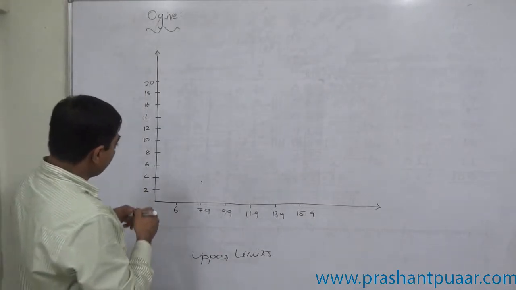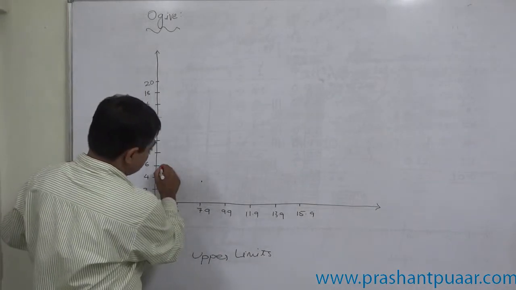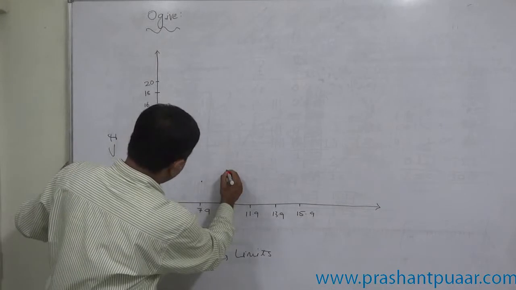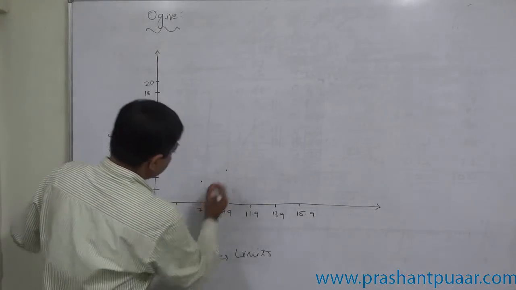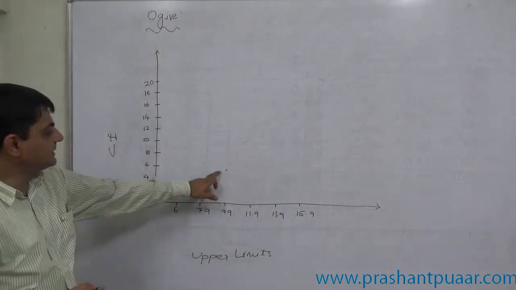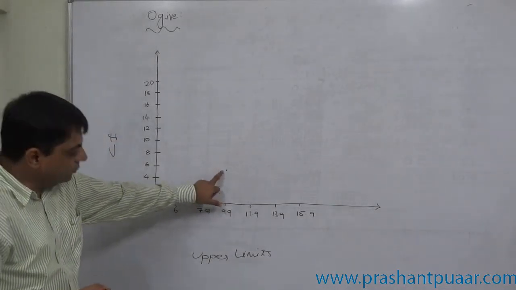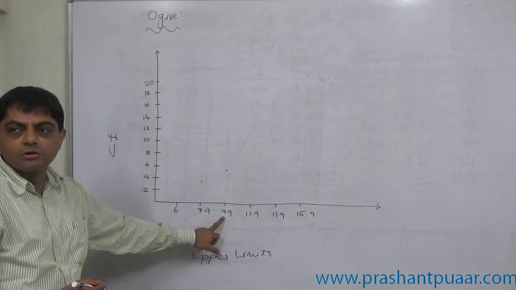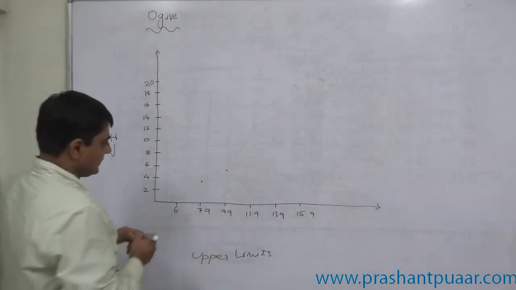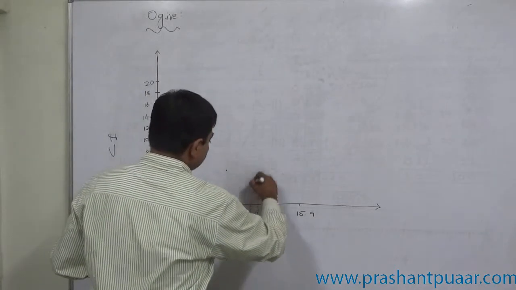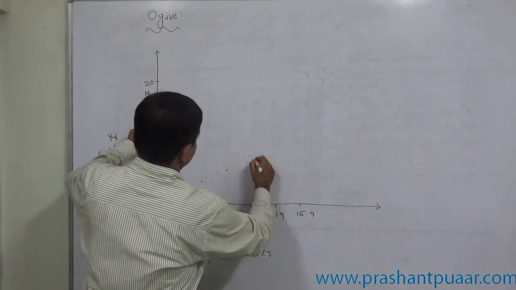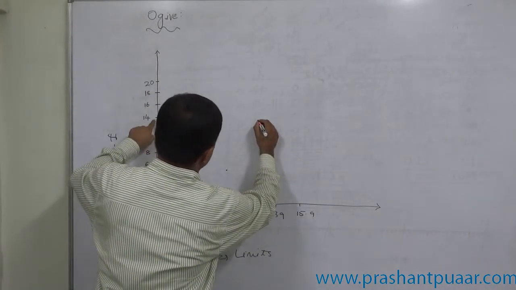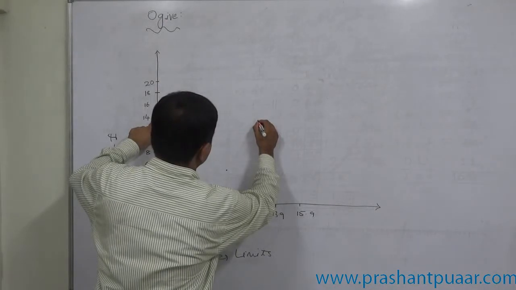The second cumulative frequency is 6 against 9.9, or class interval of 8 to 9.9. The interpretation of this 6 is 6 data values out of 20 are less than or equal to 9.9. The third against 11.9 is 14.